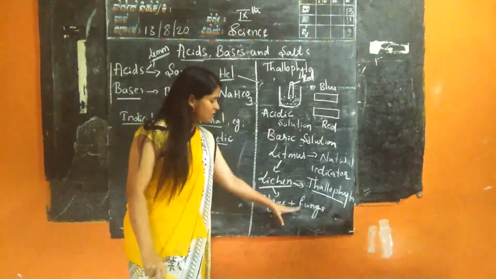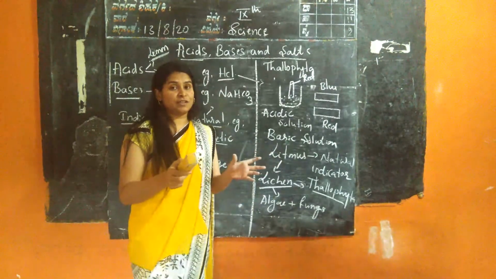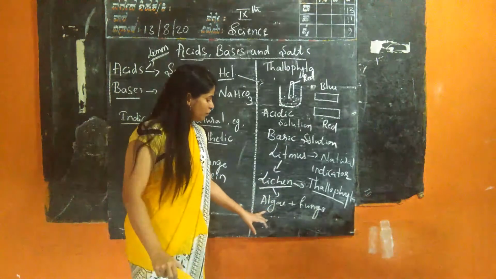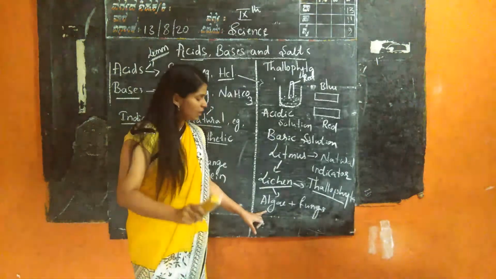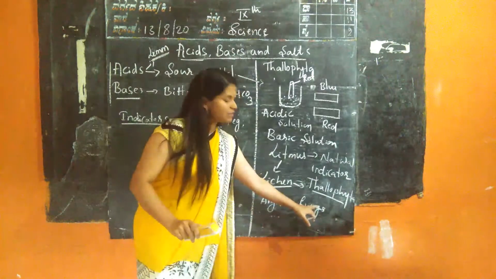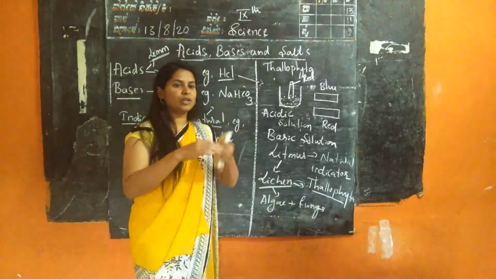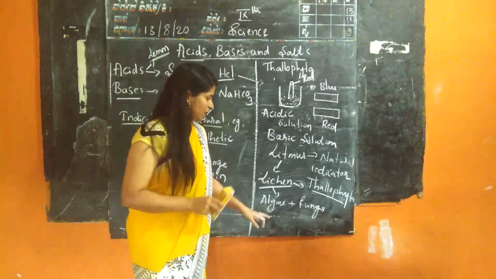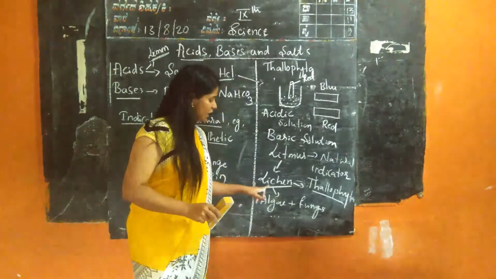Here, they are like two friends, like how you people are close friends. One friend, the algae, shares food material with the fungus, and the fungus shares shelter with the algae. That's how they lead their life. This is how algae plus fungus forms lichens.